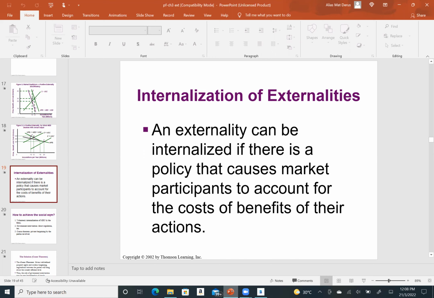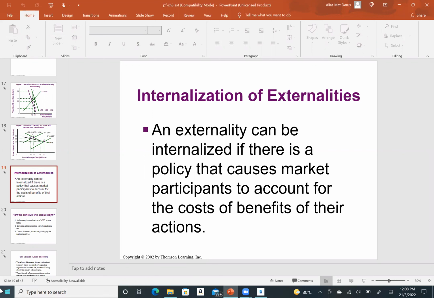So how do firms take into account or internalize the external cost that they generate to third parties? For example, the fertilizer factory, how do they take into account the cost that they incur on the fishermen downstream? How?